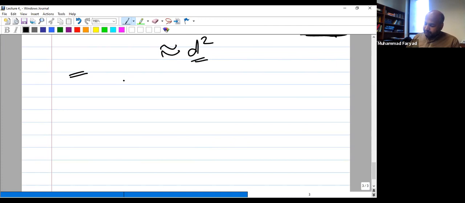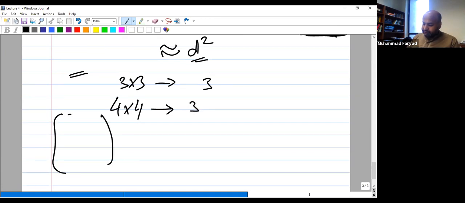If we have 3 by 3 matrices, I need 3 gates. If we have 4 by 4, let's say this is A, B, C, D. I first need 3 unitaries to make these B, C, D 0. So I need these 3 unitaries for this.